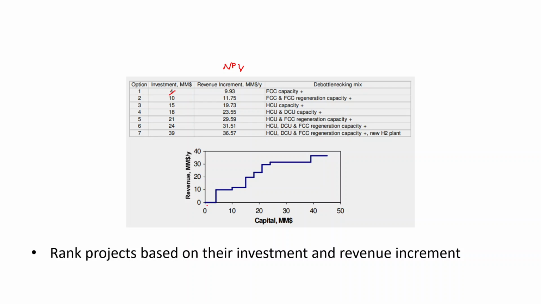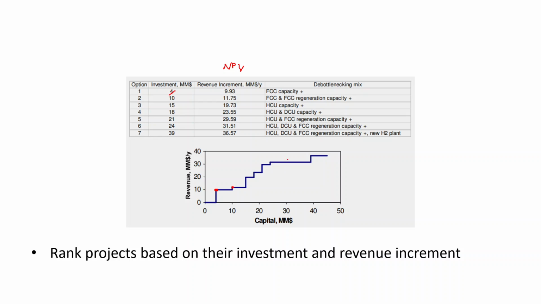They make it this way. For example, they have a 4, so this is the capital, 4 million, and then the revenue is increased by 10. So this is that one, this 10. And then there's another one, it has a 10, and then the revenue is 11 something. So this is the second project.